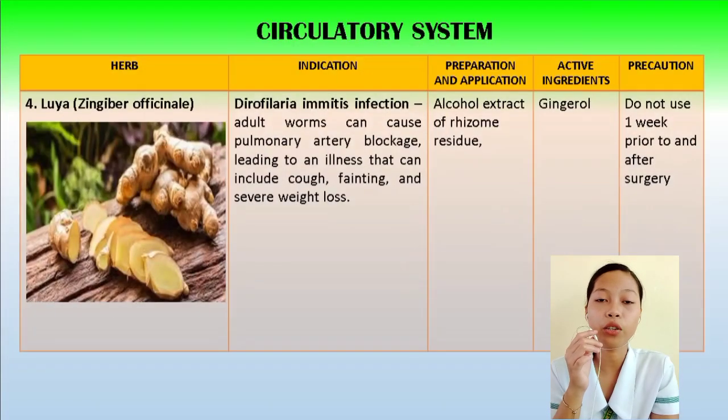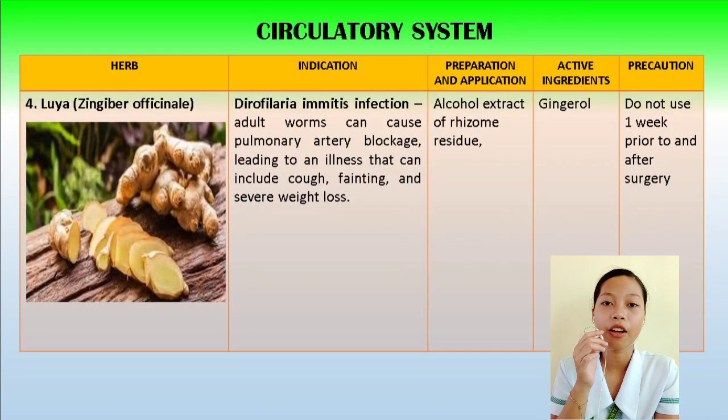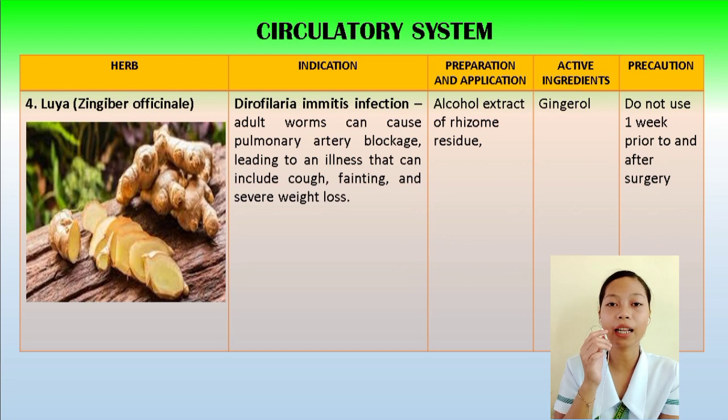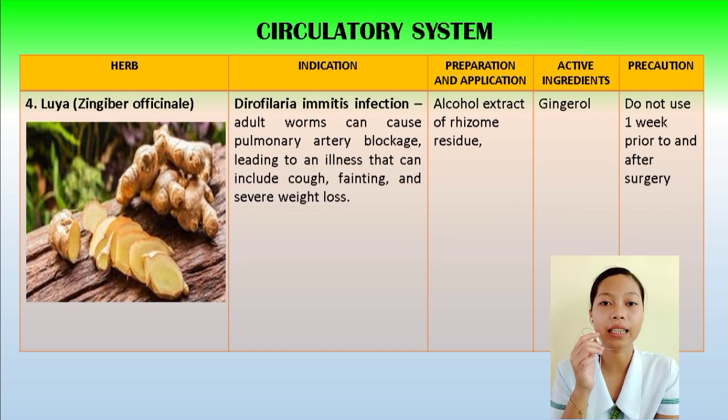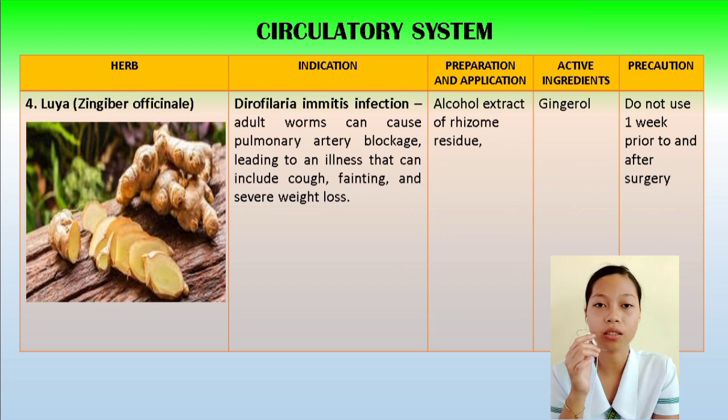Next is luya or Zingiber officinale. This is for Dirofilaria immitis infection, adult worms that can cause pulmonary artery blockage, leading to an illness that can include cough, fainting, and severe weight loss.